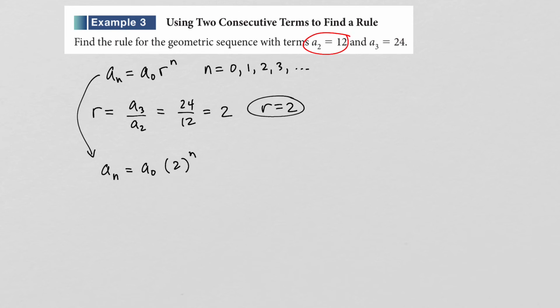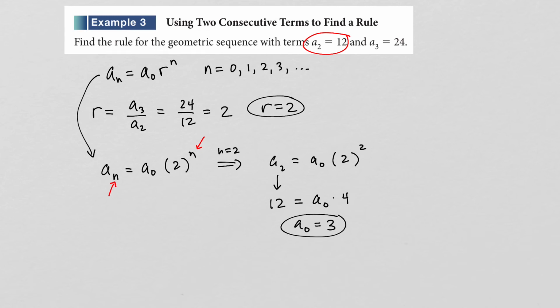So since A2 is 12, we know that if n equals 2 in this formula, we would have A2 is equal to A naught times 2 to the 2. So again, I'm just plugging in n equals 2 in both of these spots. And we know that A2 is 12, and that's going to be A naught times 2 squared, which is 4. And so we know that A naught must be 3, right? Because we know that 3 times 4 is 12.